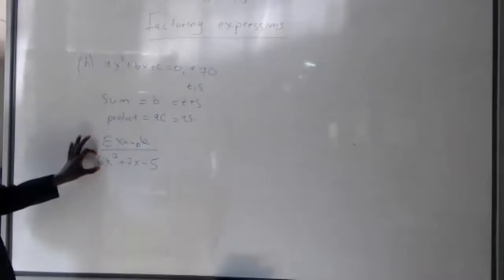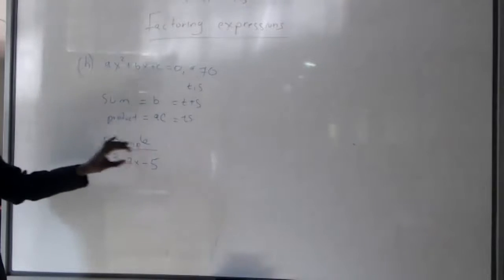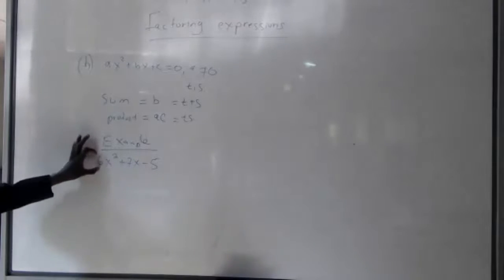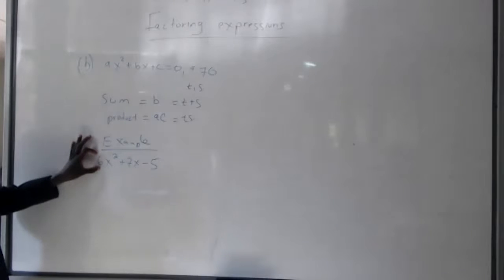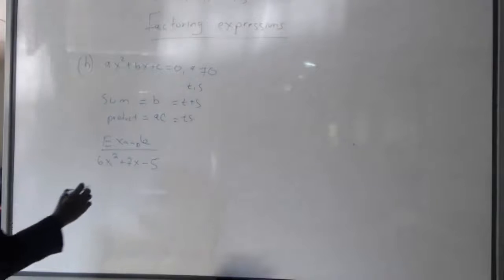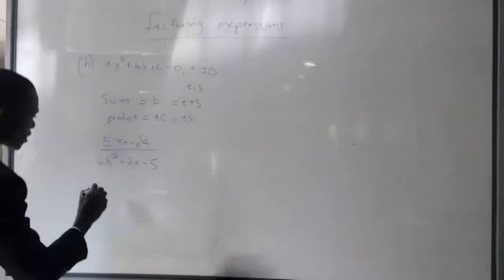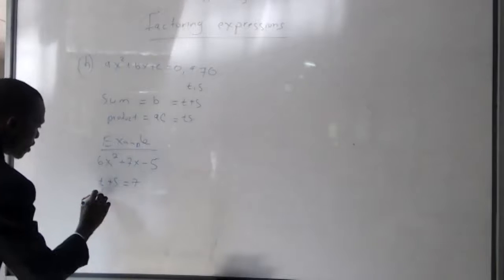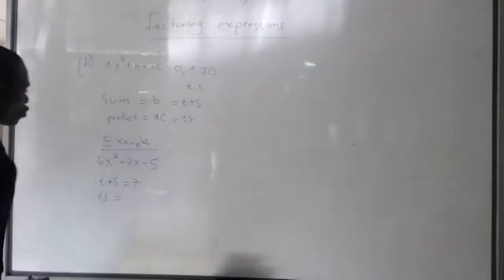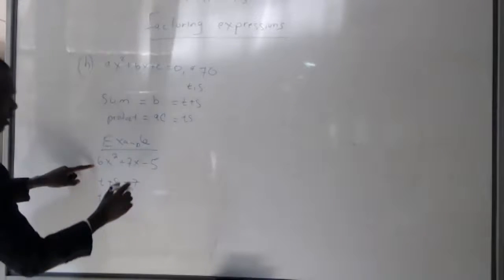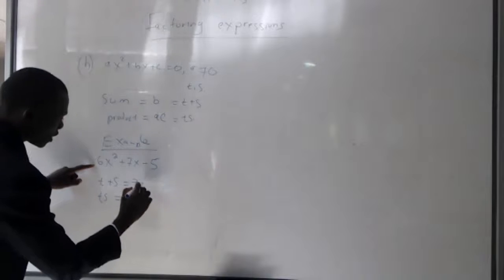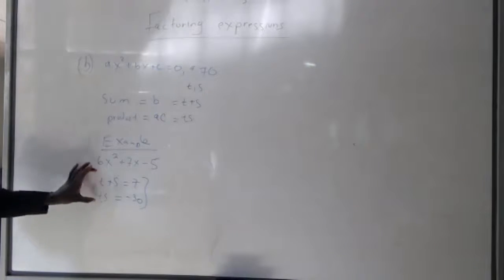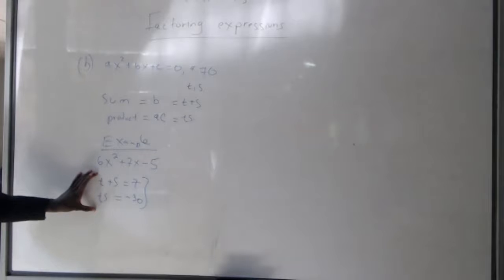In this case, A is 6, B is 7, C is -5. And remember, this is a situation where A is not 1. We are looking for two numbers, T and S, such that T plus S should be 7, and T times S should be the product of A and C, that is simply -30. So we need two numbers such that these two equations are satisfied at the same time.